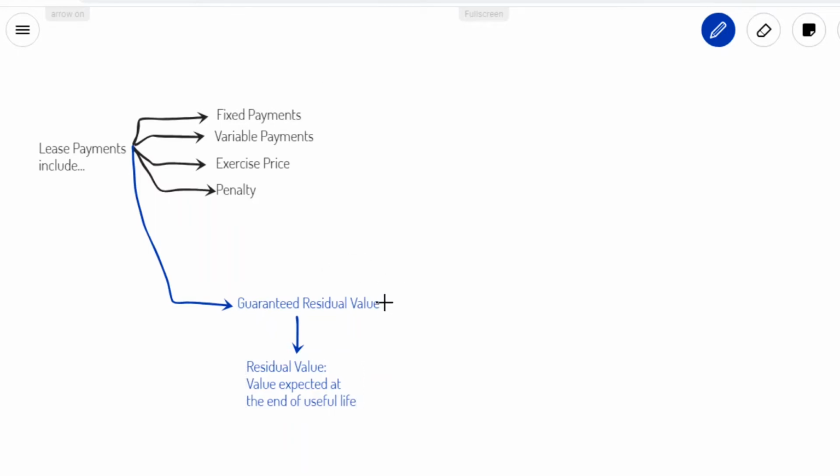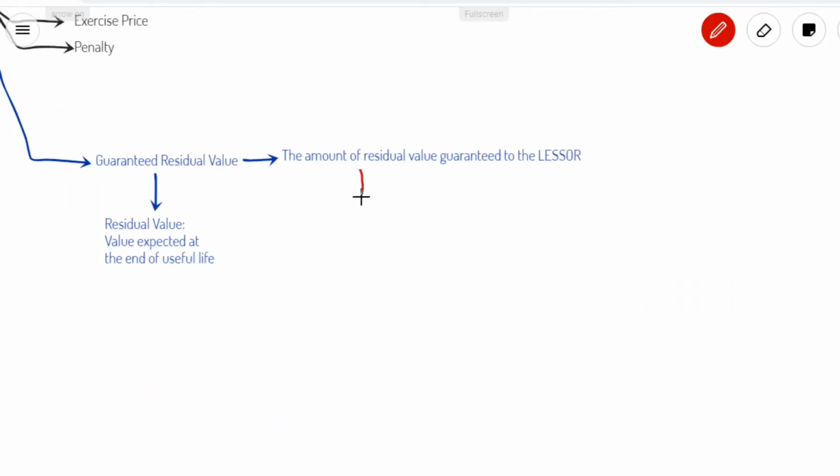But when we are entering into a lease contract, there might also be a guarantee to the lessor of what that value would be. So according to the standard, residual value guarantee is a guarantee made to the lessor by a party unrelated to the lessor that the value or part of the value of the underlying asset at the end of the lease will be at least a specified amount.